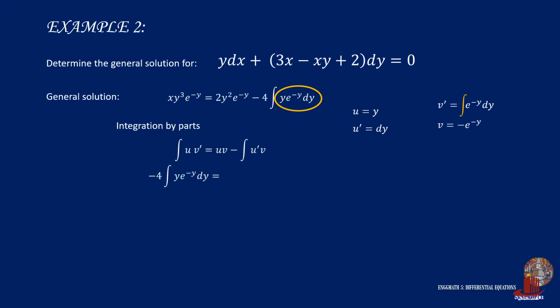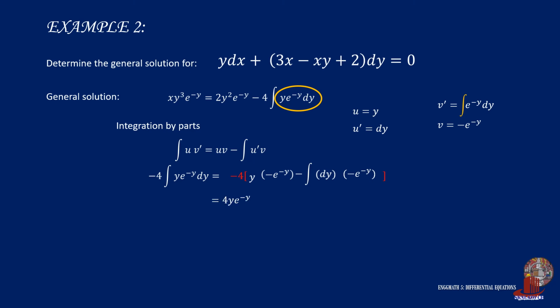Following the formula, uv is y times negative e raised to negative y minus the integral of u prime v, which is dy, multiplied by negative e raised to negative y. Do not forget that the whole expression is multiplied by negative 4.